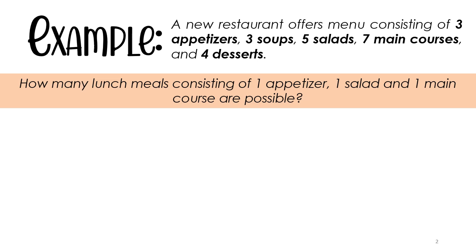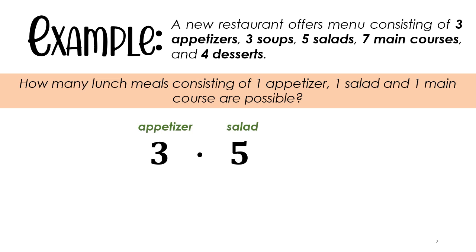Again, this lunch meal will consist of 1 appetizer, 1 salad, and 1 main course. For 1 appetizer, we have 3 choices. And for a salad, we have 5 choices. So there we have 3 times 5.